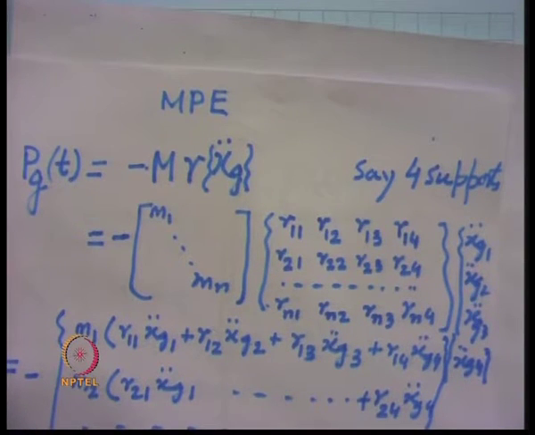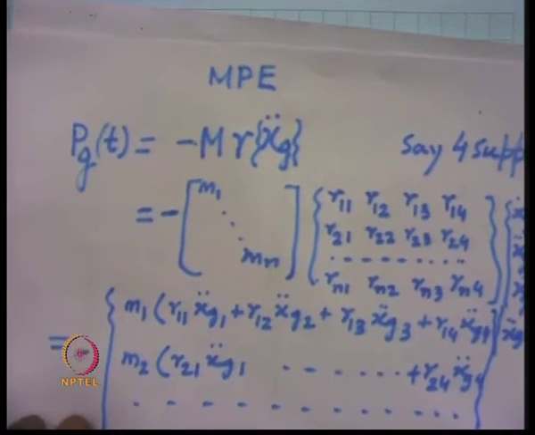Therefore, this particular vector is known. So, one can construct n number of time histories, and these n time histories would be the excitation vector.